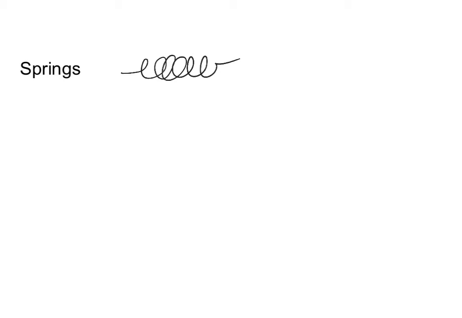Now, the thing that's useful to know about springs is that they can expand and contract. So if I push on the spring, so if I apply a force in this direction, then my spring is going to contract, like so. I could also pull on the spring, pulling it to the right.